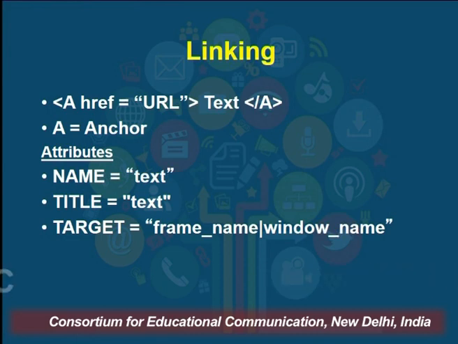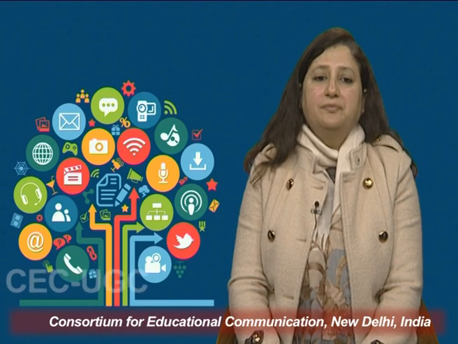So linking is done in HTML using a tag called the anchor tag. Now the anchor tag is also commonly known as the A tag. The A tag has the most important attribute, which is known as the href attribute. Href means hyper reference. That is, what is the path or the name of the file which is being referenced by this text?